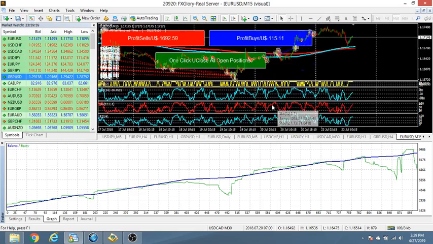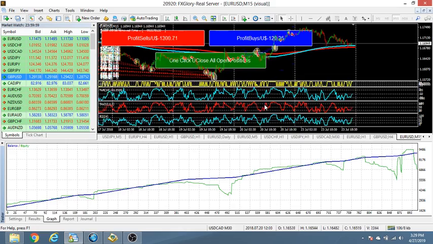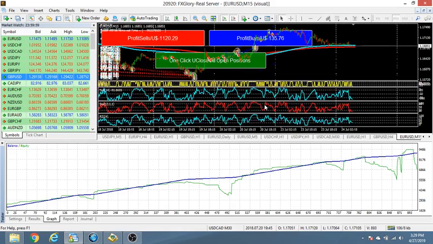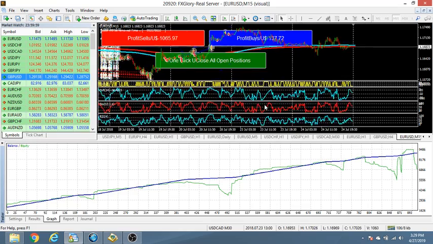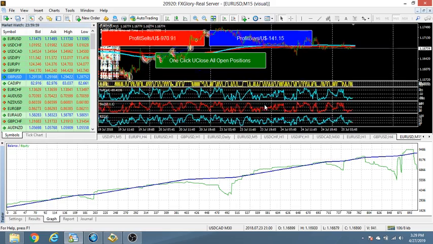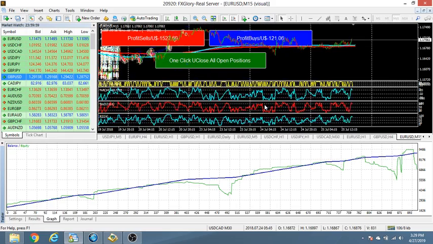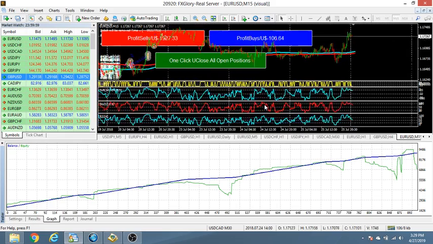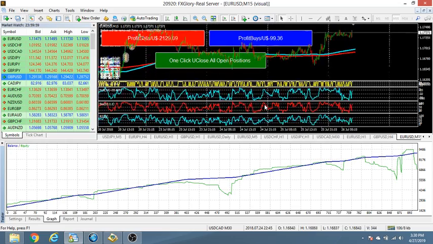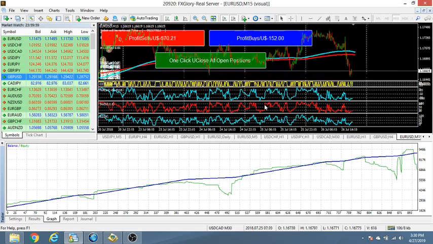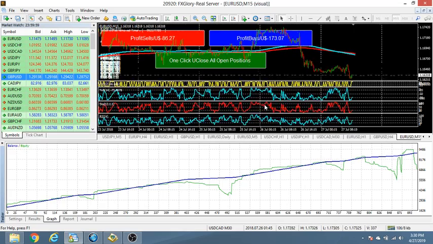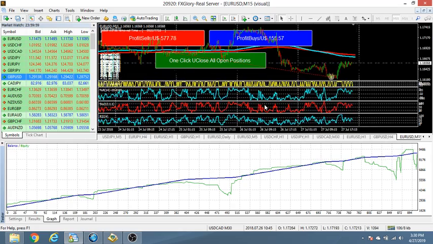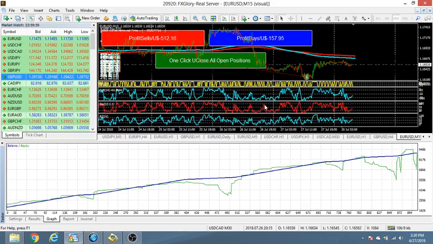I made this robot to continue to trade when opportunity comes, so it opens positions, not holding until the previous or existing positions are closed. So it opens with the existing positions. That way you save time, and you just make more trades and more profit.